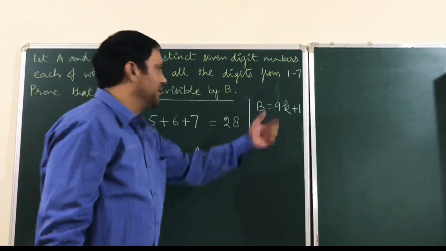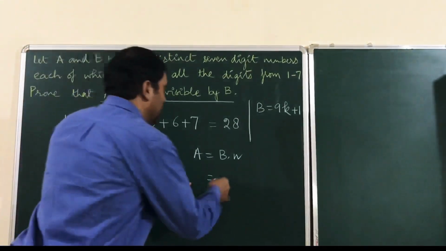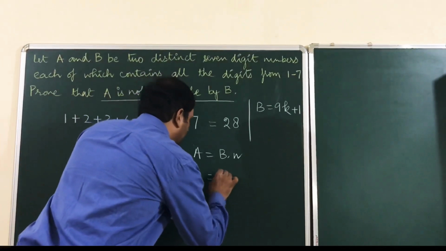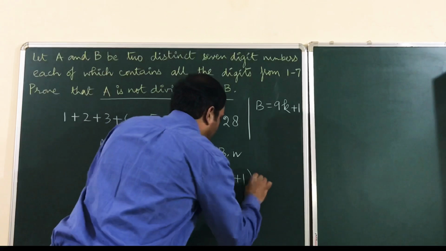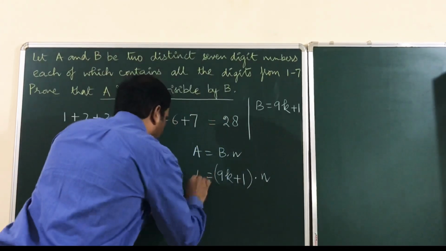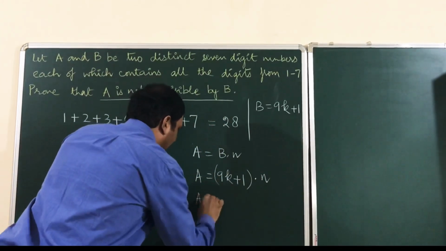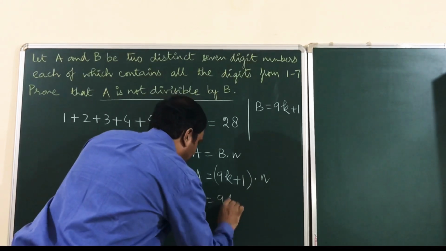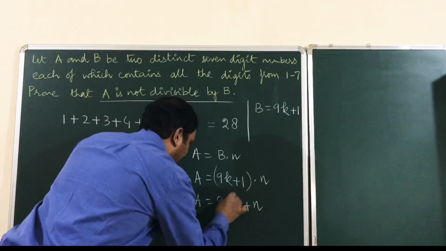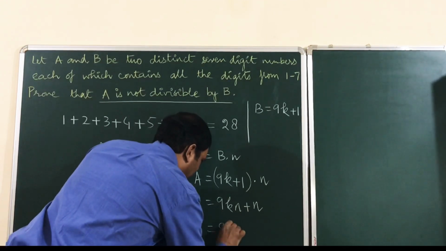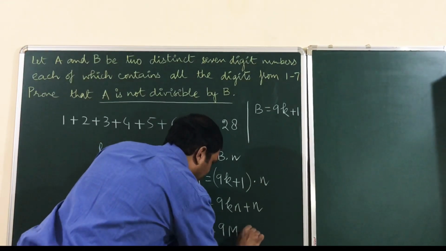So I can write B as 9k plus 1, and times N equals A. Then A can be written as 9kN plus N, and kN I take as some other number, say capital M, plus N.